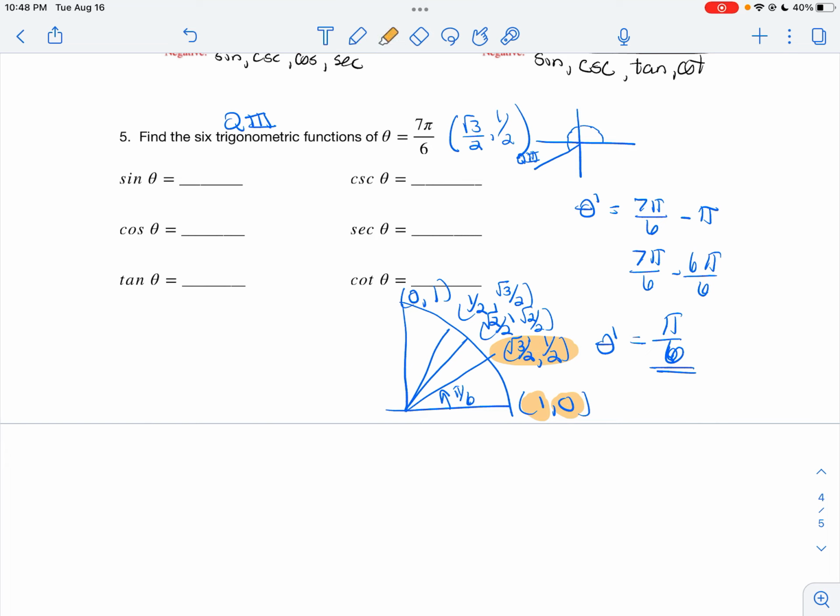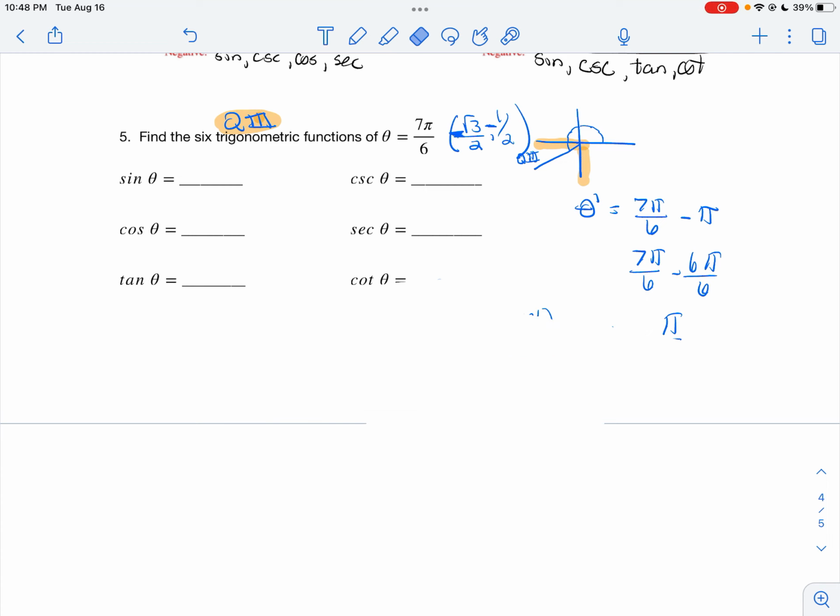But because we are in quadrant 3, I know my x value is negative and my y value is negative. So this is going to be negative the square root of 3 over 2 and negative 1/2. So now I've got the corresponding ordered pair.